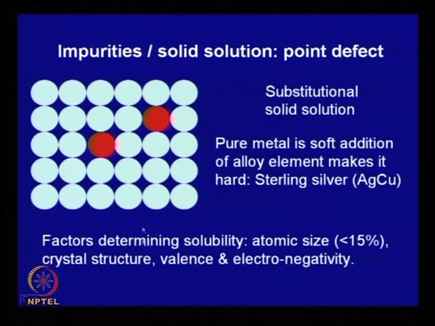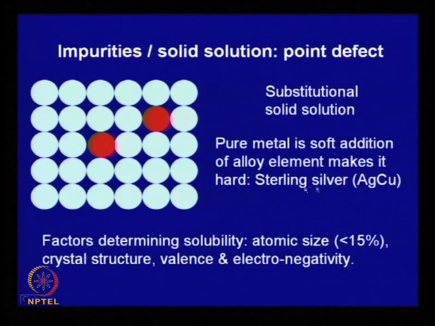The next factor is the crystal structure. If both crystal structures are similar, then they can have a large amount of solubility. Like in the case of silver and copper, silver is FCC, copper is also FCC. So, here there is a substantial amount of solubility.